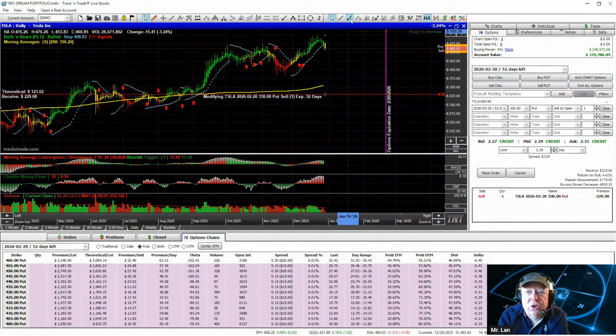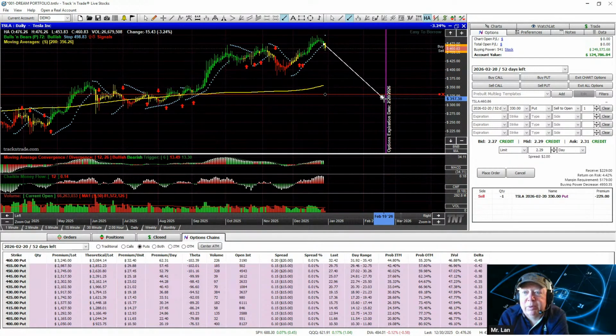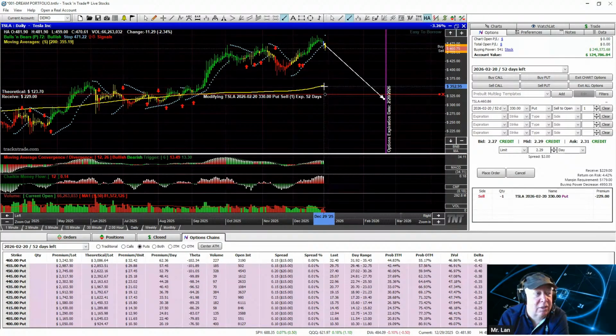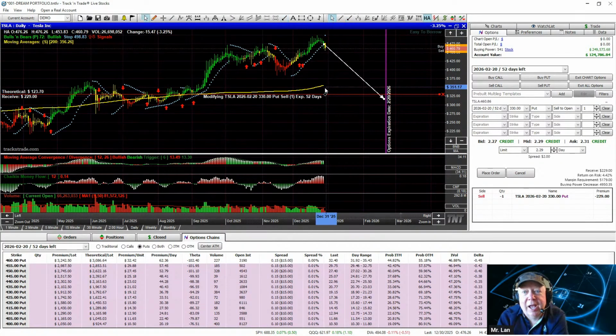Woo! So you mean to tell me that the market would have to come all the way down here and touch the purple line underneath for me to get my shares? Yeah, which you want anyway. You'd be happy buying Tesla shares under the 200 period moving average. You'd dance your way to the grocery store with that one. And if you did, you get your 100 shares right there where you wanted them, which is an amazing price for Tesla shares.